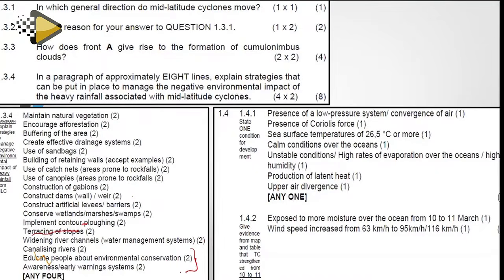Any problem that you get from the examination question, you can educate people about whatever feature it is. It doesn't matter what it is, so long as we can talk about educating people and making awareness or warning to people. So this is a common answer to most of the strategies that you can think of.